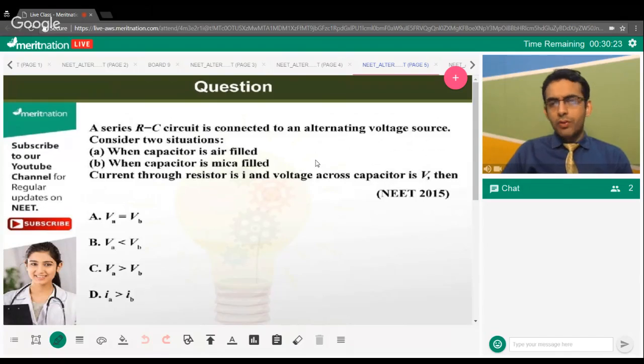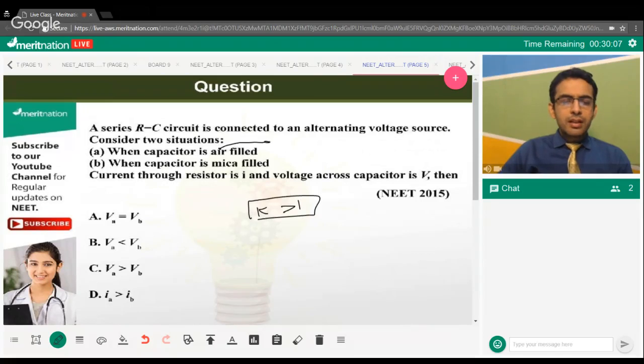Mica is a type of dielectric substance, and you should understand that the dielectric constant K for mica is more than 1. For air, we take K to be equal to 1. I hope you're able to understand that.